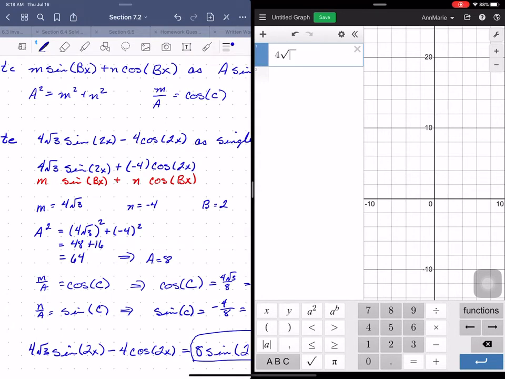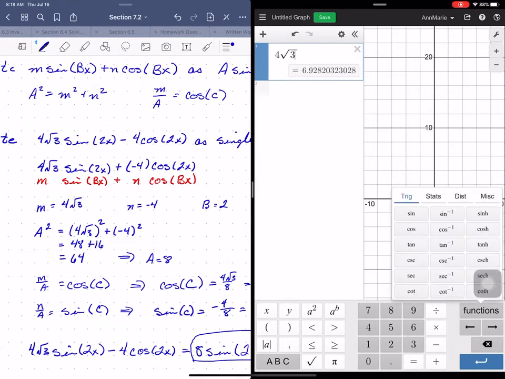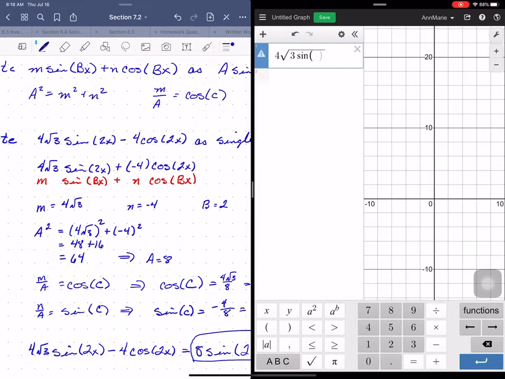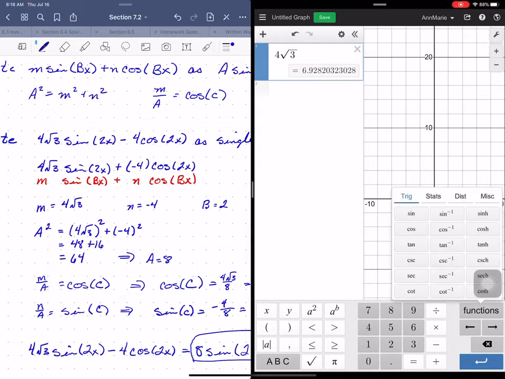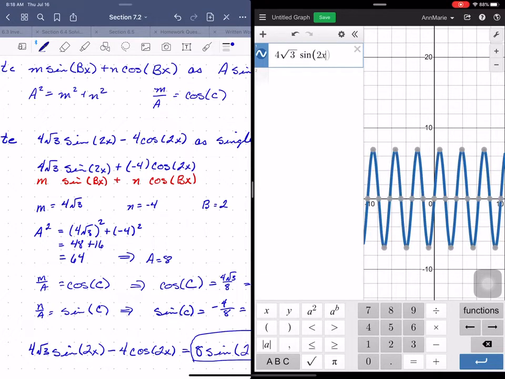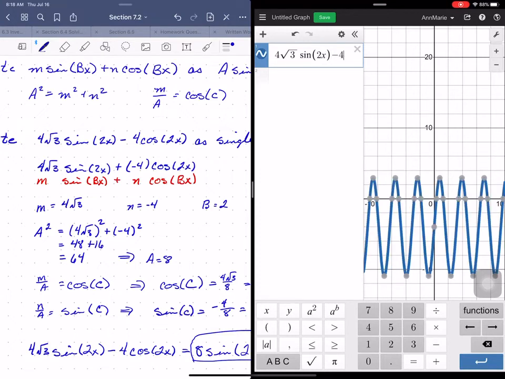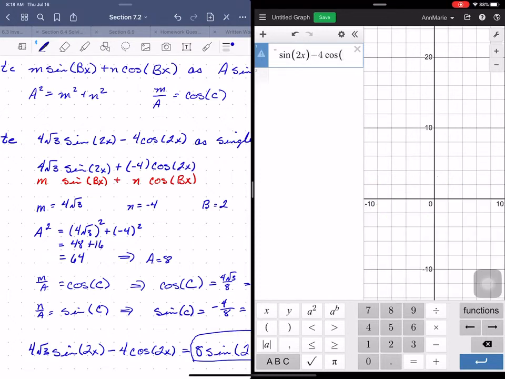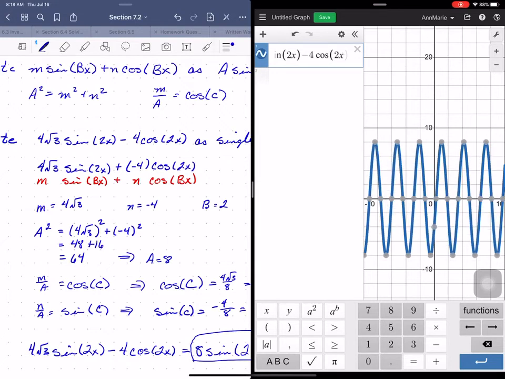So 4 square root 3 times the sine of 2x minus 4 times the cosine of 2x.